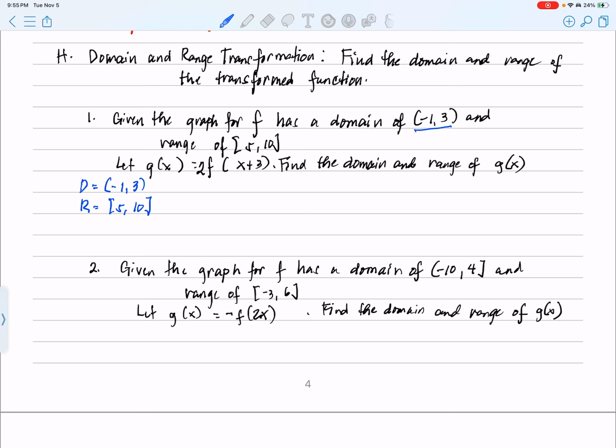All right. So let g of x be 2 f of x plus 3. Find the range of g of x.